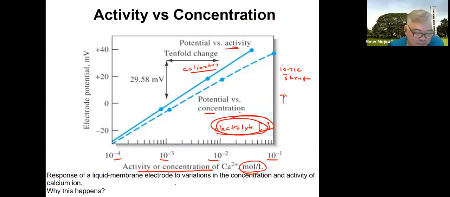So how do they solve the problem to make sure that it will be linear? In the experiment that we do with fluoride, we add the so-called TISAB. TISAB is what? The total ionic strength adjustment buffer.